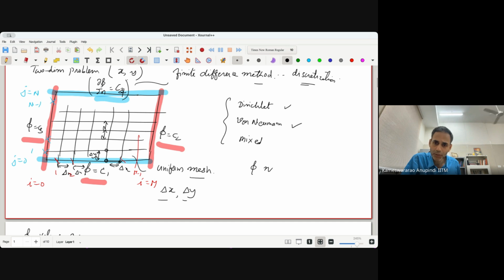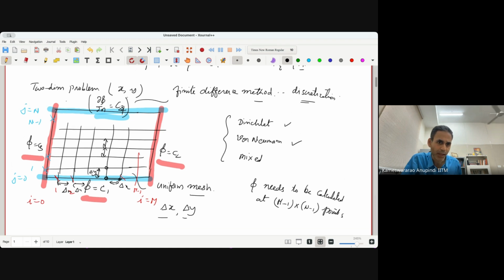So phi needs to be calculated at m minus 1 times n minus 1 points. Let us say, for the sake of this, phi is also prescribed on the top boundary.